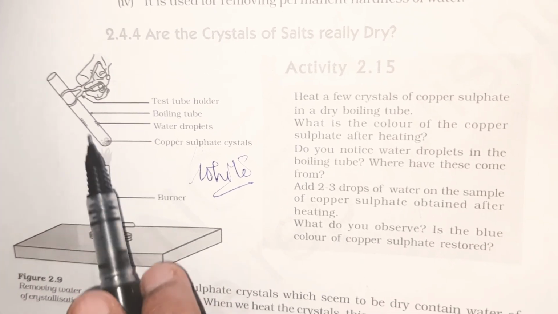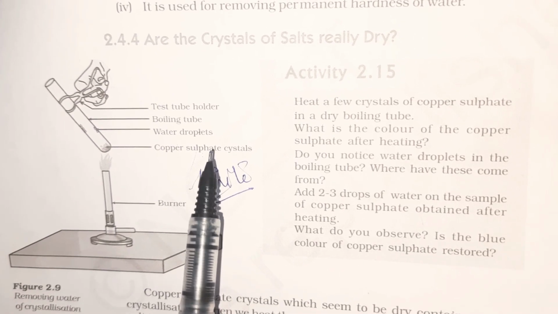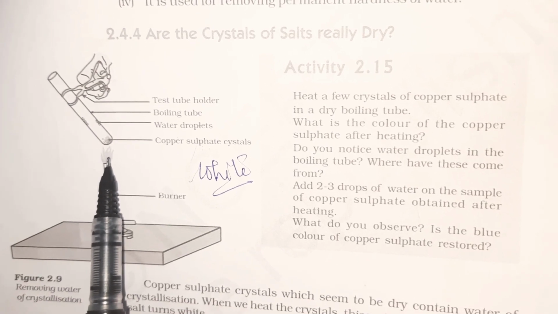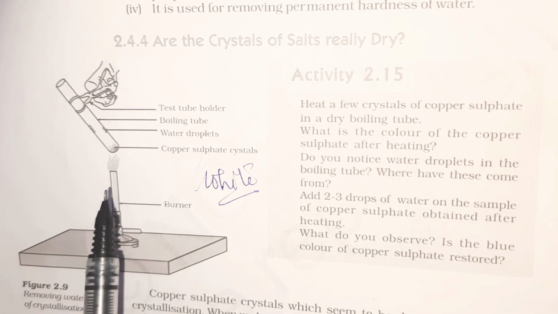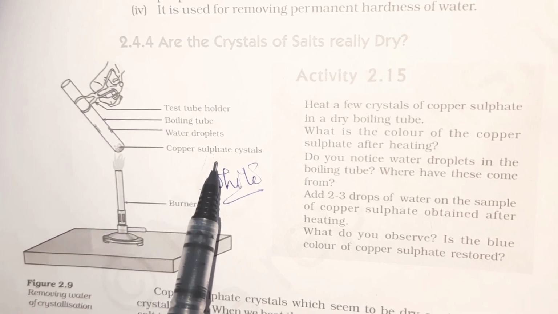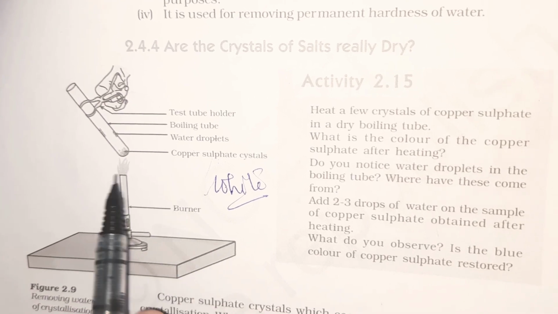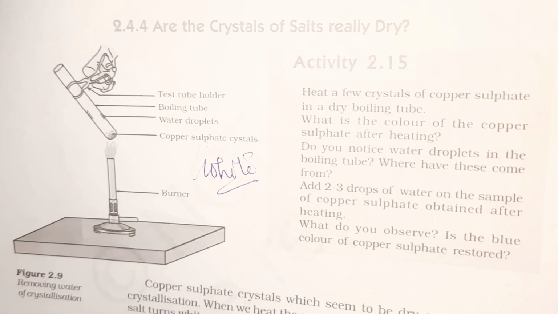So in this test tube we have taken blue colored copper sulfate crystals. Now when these copper sulfate crystals are heated over the Bunsen flame, water is evaporated out. We had not taken any water, we had taken dry crystals of copper sulfate, but we see after heating it, some water droplets deposit on the cooler sides of the test tube.